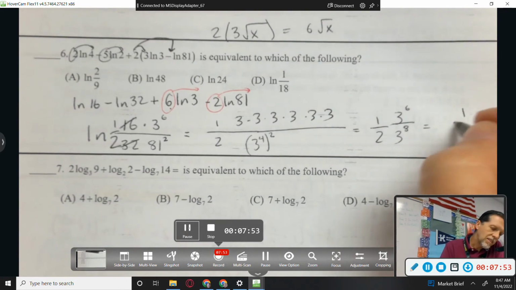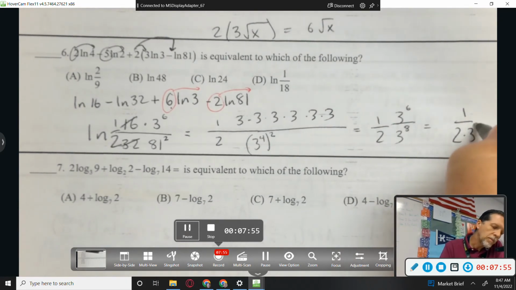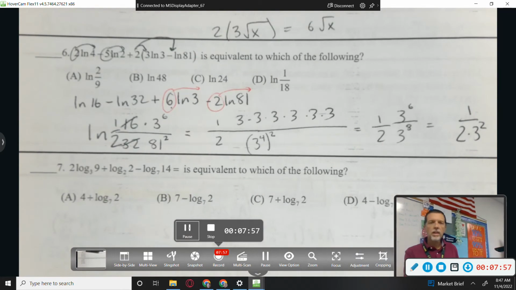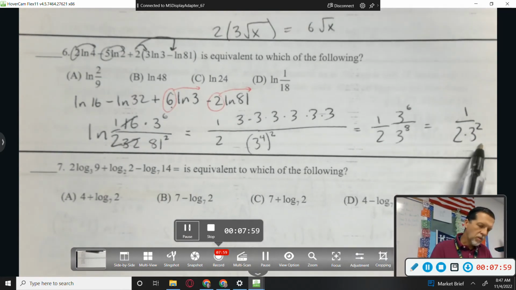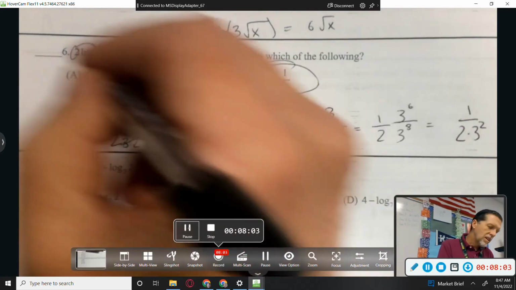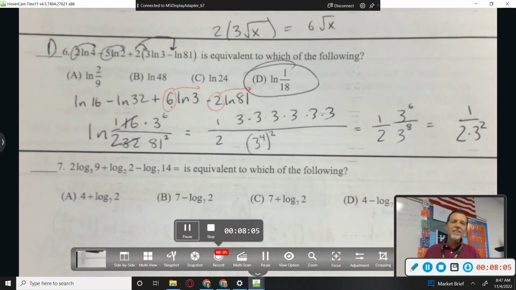So that's 3 squared in the bottom. So 2 times 9 is 18. So yeah, that one was kind of ugly because of the 81 squared. I don't want to square 81. So kind of go backwards with that. Figure out how many 3's there are.